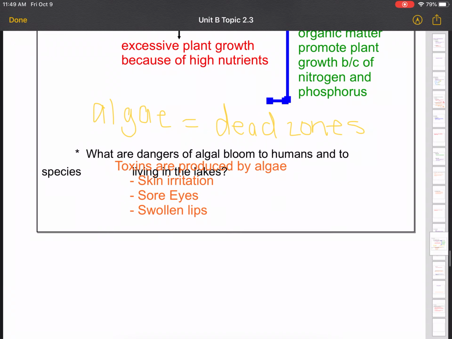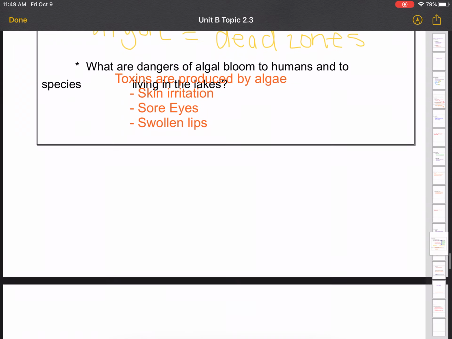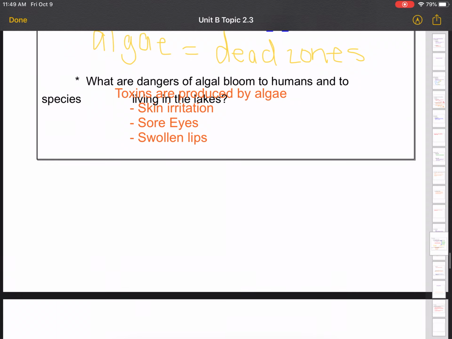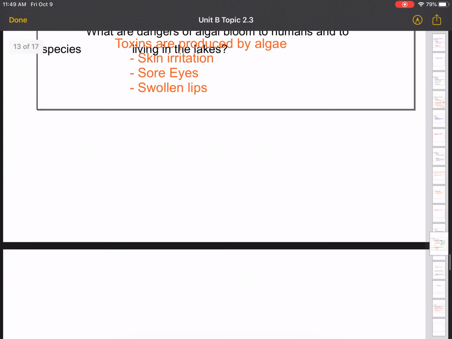Not something that you want to swim in, not something that fish or anything can live in, because the algae is taking up all the oxygen. As far as swimming in it, humans living by lakes that have algae blooms, it can cause skin irritation, sore eyes, and swollen lips.